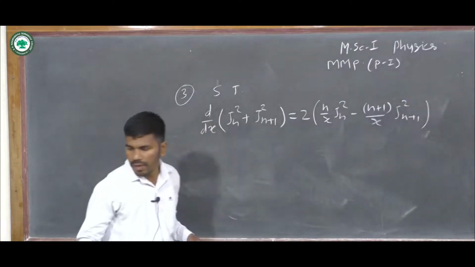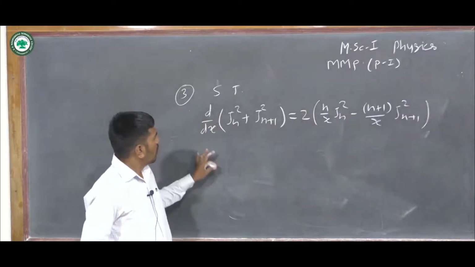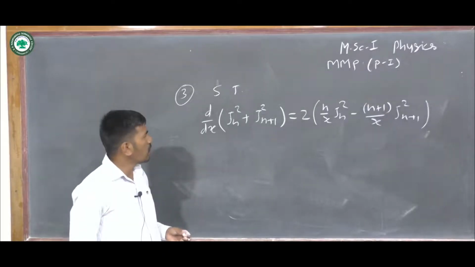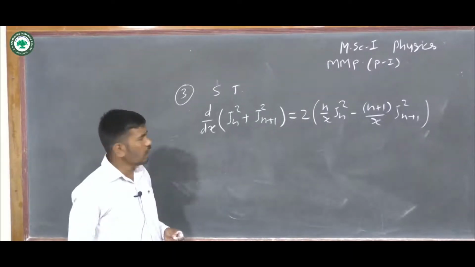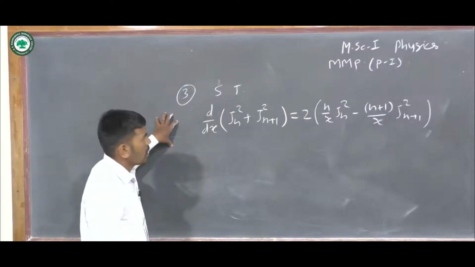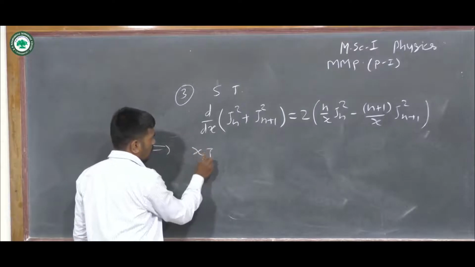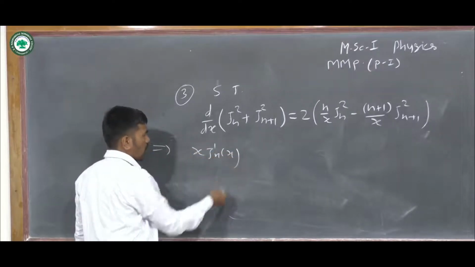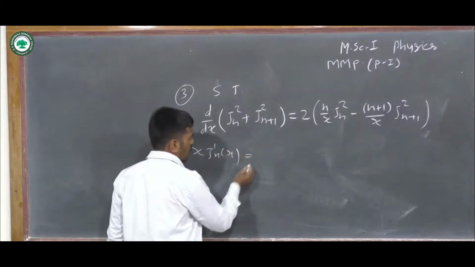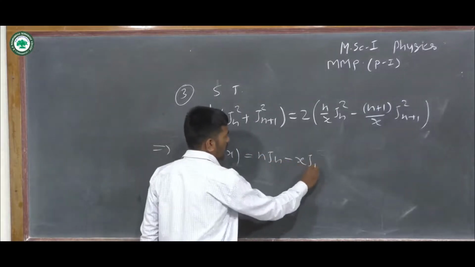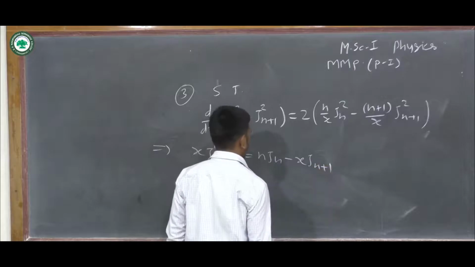This is the given example. Here I am going to use the first and second recursion formula. The first recursion formula is xJ'n(x) = nJn - xJ(n+1).